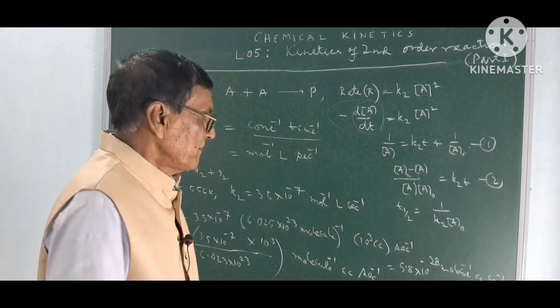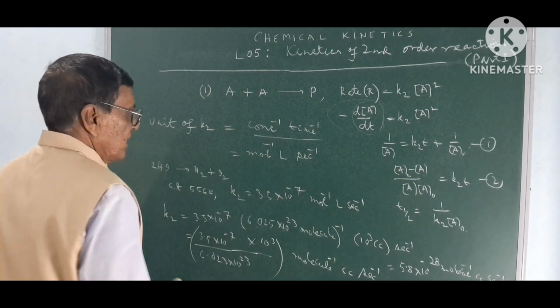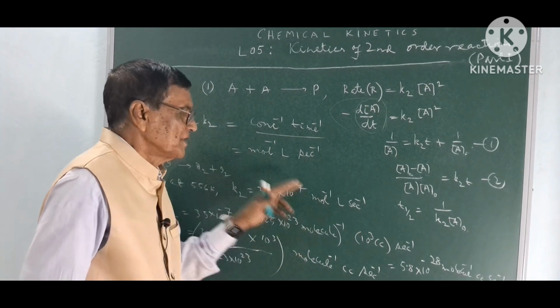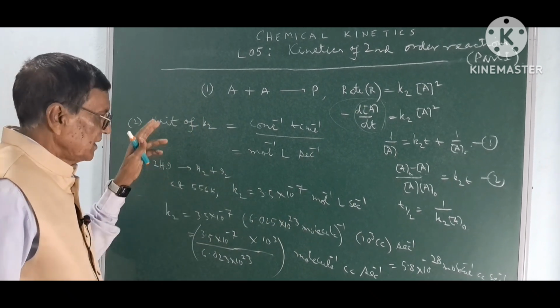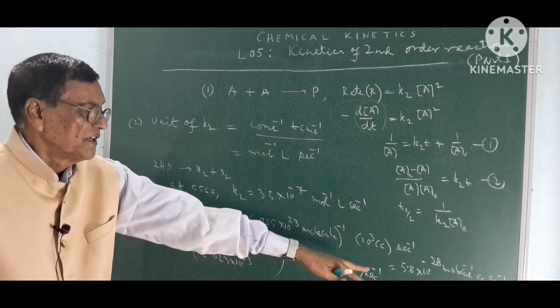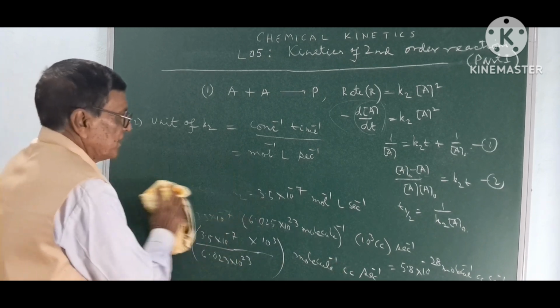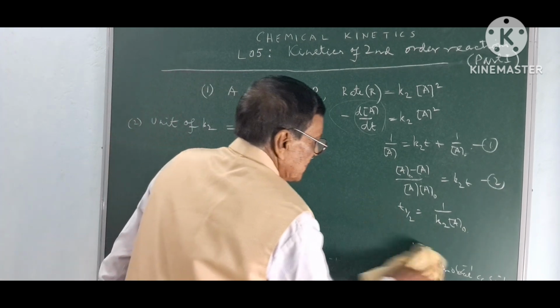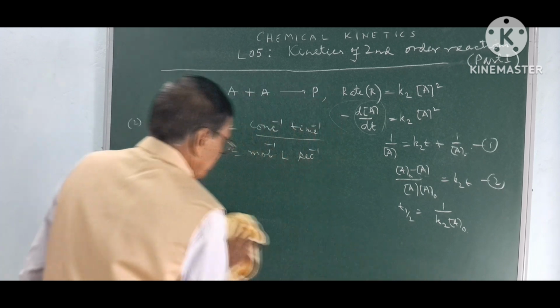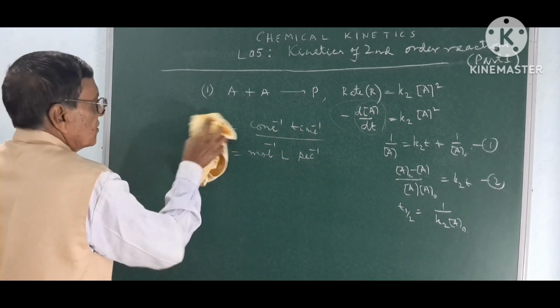So whenever you change the unit of K2, the magnitude of K2 becomes different. So the rate constant depends on the choice of unit you have taken.